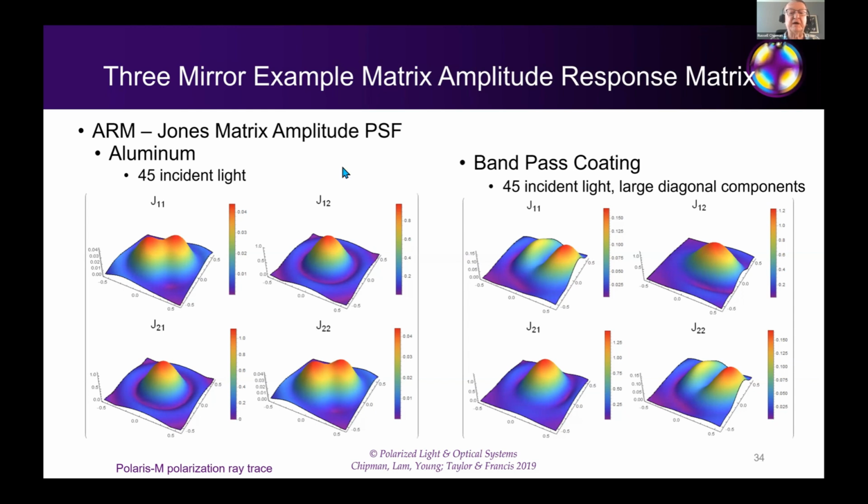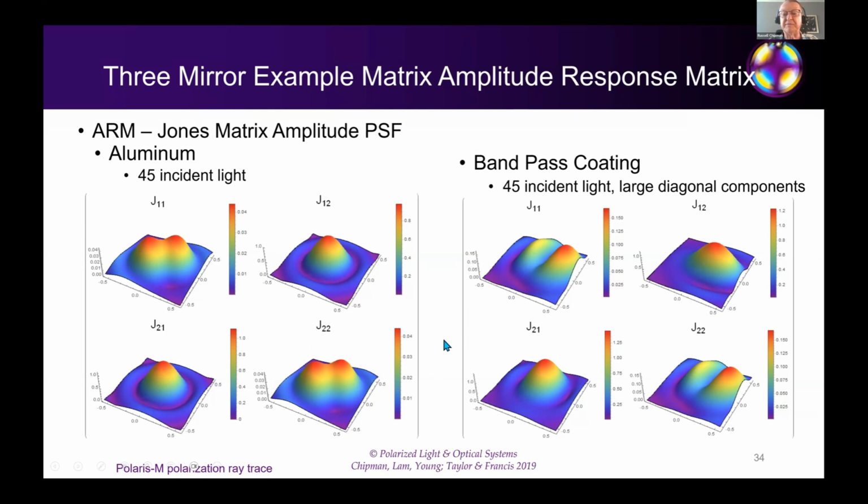So this is the amplitude point spread function for the aluminum. Okay, and these two values here are large, they're around 0.8. This is a small value around 0.4, but you can see that the aluminum couples some light into other polarizations, and that light is not as well behaved or as well focused here.